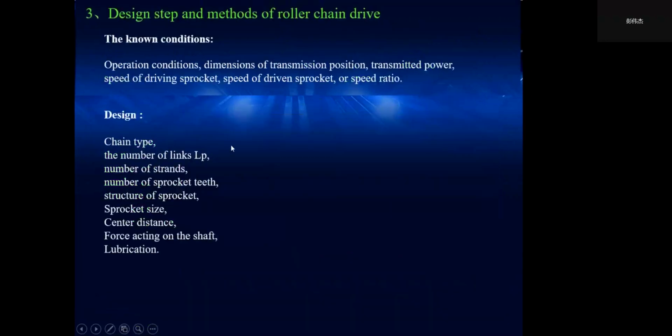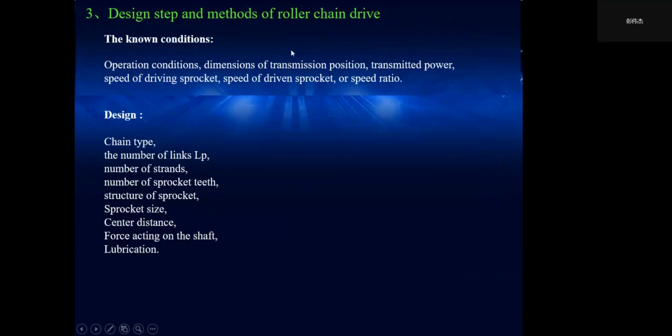And this is the design steps and methods of roller chain drive. When we design a chain drive, we know the operation conditions, the dimensions of transmission position, the transmitted power, the speed of driving sprocket, and the speed of driven sprocket, or the speed ratio.